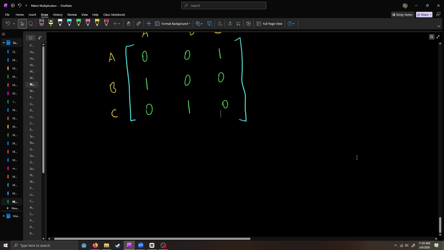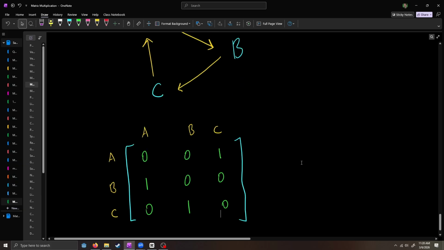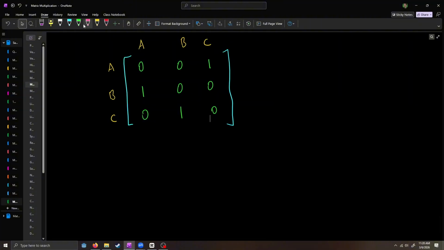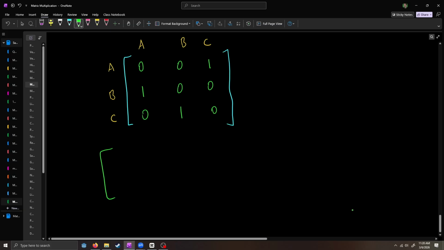What I'm going to do to look for paths of length 2 in this network is I'm going to take this matrix and raise it to a power of 2. I'm going to square this matrix and multiply it by itself.